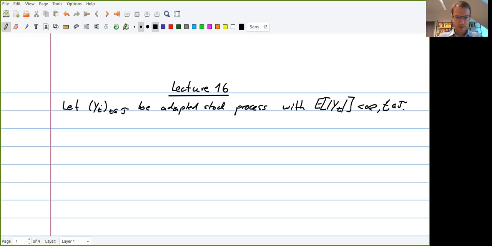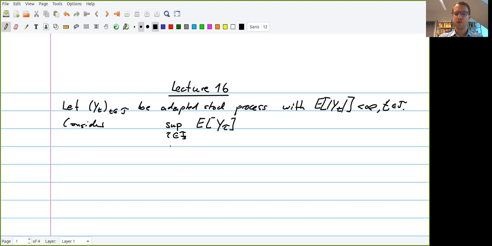And now we consider the following optimal stopping problem. So we want to find the stopping time tau. And so we want to maximize the expected value of the process stopped at time tau.